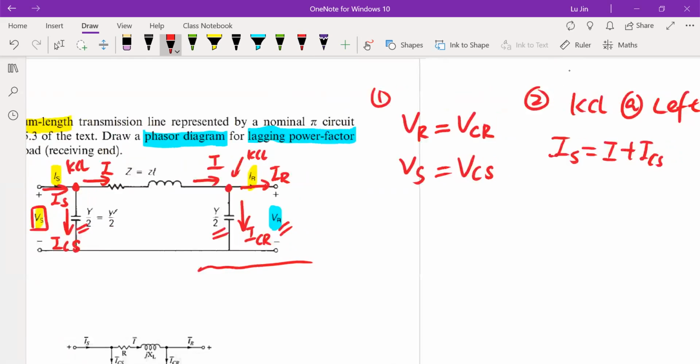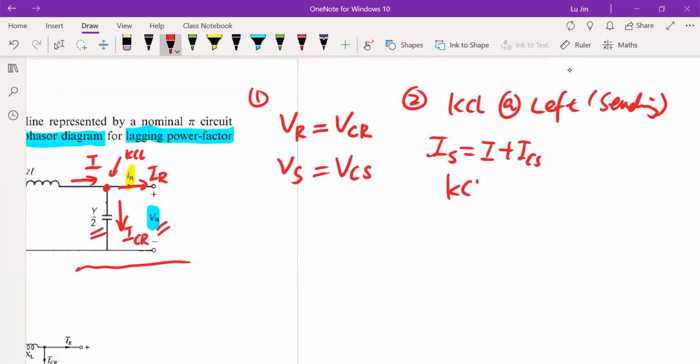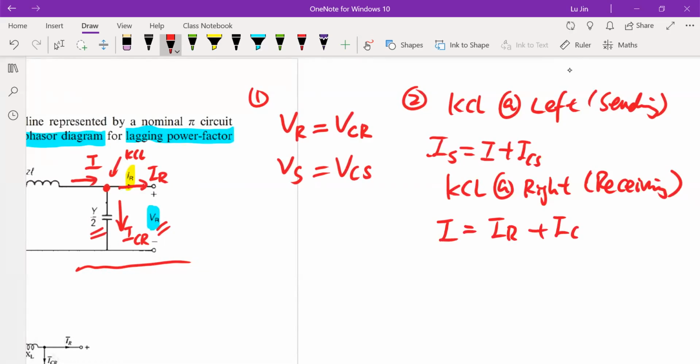And by using the KCL on the right hand side, the receiving side, we got the current I equals IR plus ICR. Okay, so that. Now, let's think how to solve the whole question.